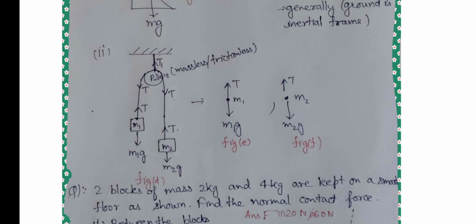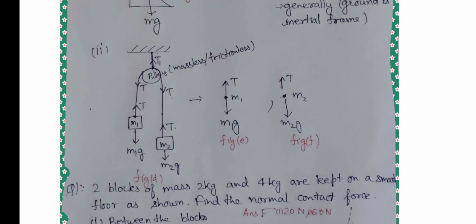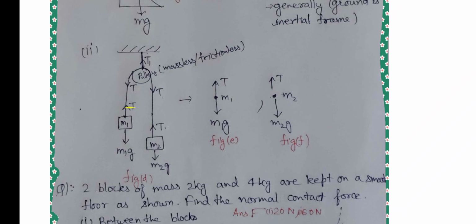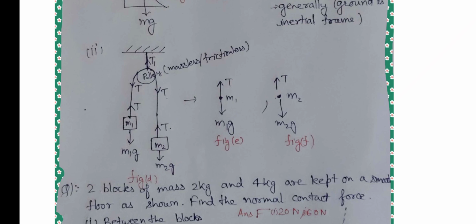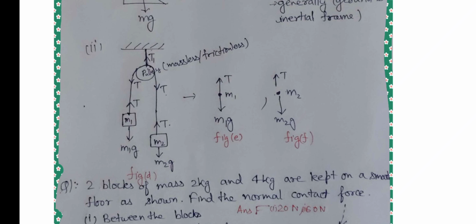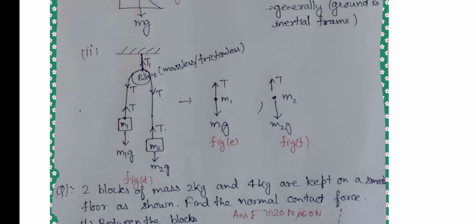For mass M1, the downward gravitational force will be M1g, and the tension, away from the mass M1, will be T. For M2 there will be downward gravitational force M2g, and tension away from M2, that is T. Since this is only one string, the tension will be the same at each and every point.